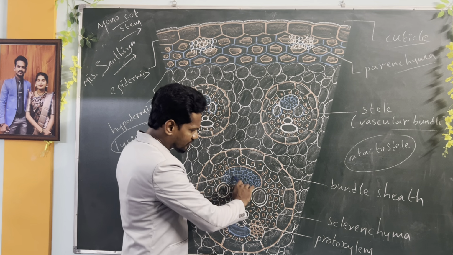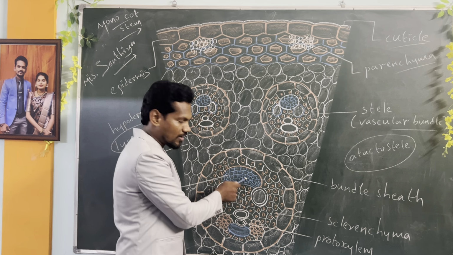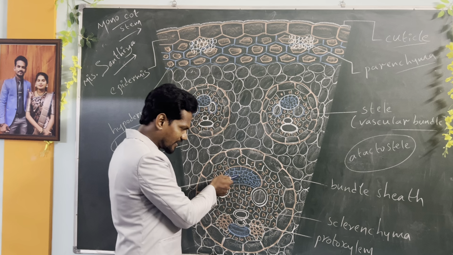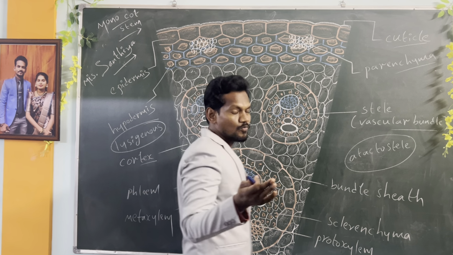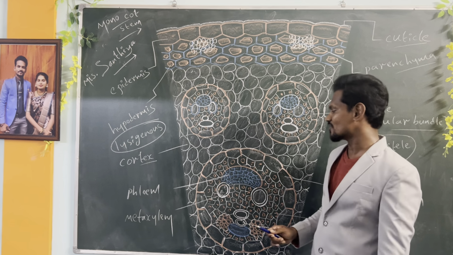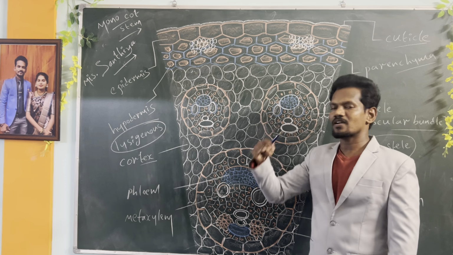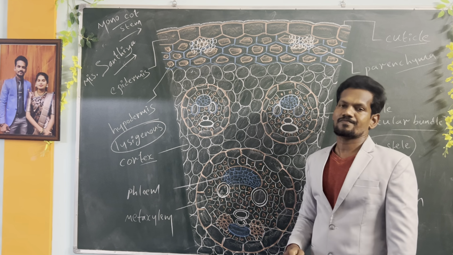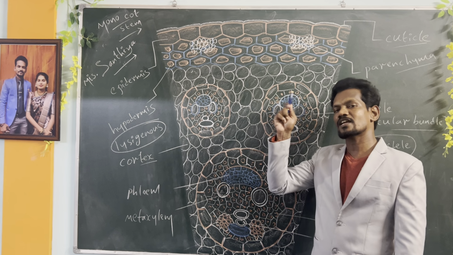we could observe phloem followed by the xylem. So between phloem and xylem there is no extra tissue, nothing but a cambium. But in a dicot stem vascular bundle, we have observed between xylem and phloem, cambium or cambial tissue is present, because that is conjoined collateral open.